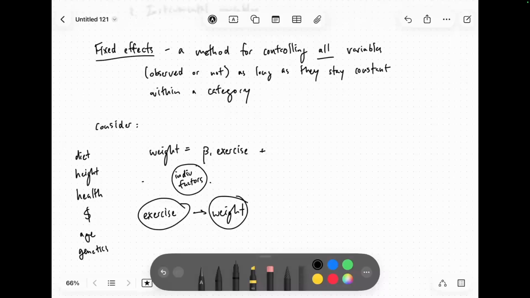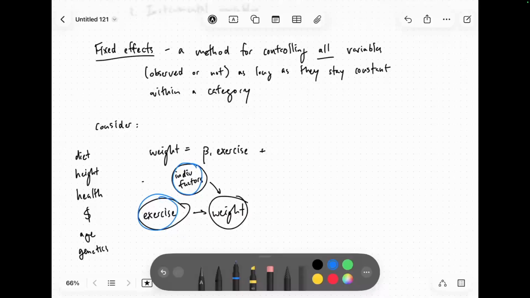And unfortunately, we suspect that may be a different pathway that influences the weight, right? We may have measurements of exercise, so you have variation in the amount that people exercise, and then you observe variation in the weight of a bunch of different people. But you may have individual factors which are also varying. And so it's hard for me to suss out what effect exercise has on weight when you have all these other things.